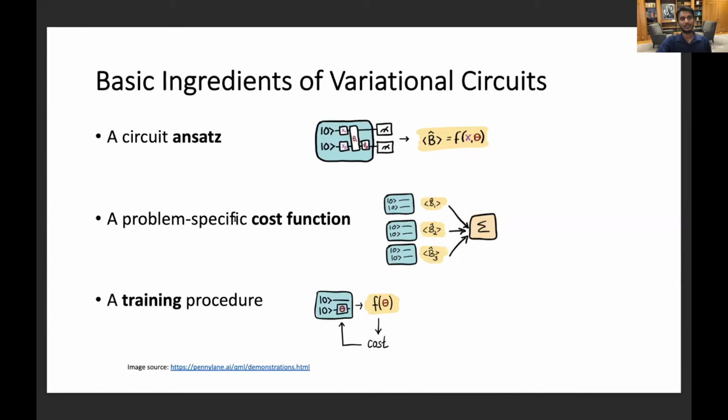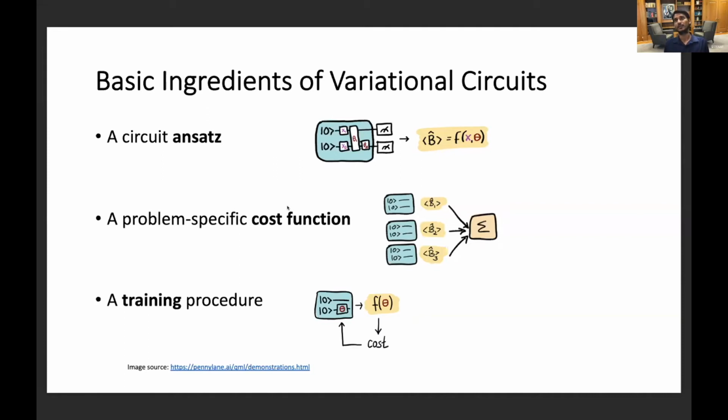And then an important ingredient of this is the cost function. The cost function is not a universal thing, where one cost function is good for everything. It is very problem specific. For example, if one is trying to look at a molecule, the cost function could be the expectation value or the mean value of a certain Hamiltonian, right?